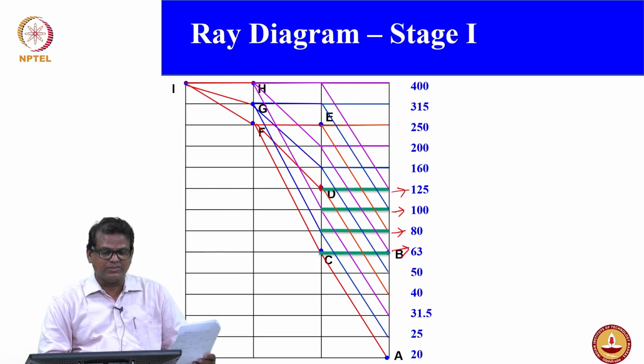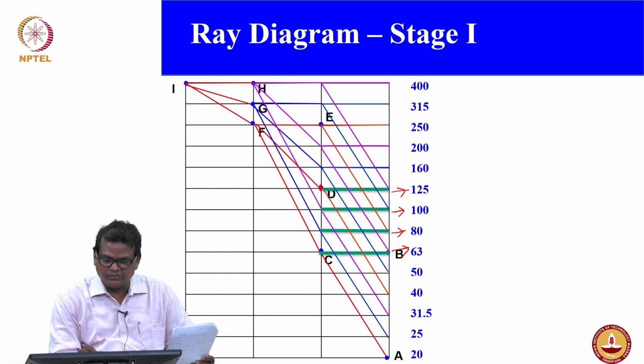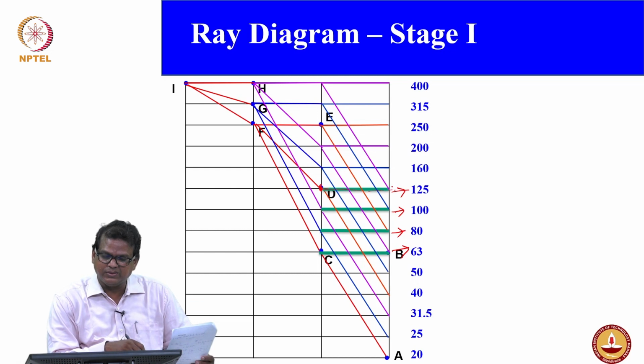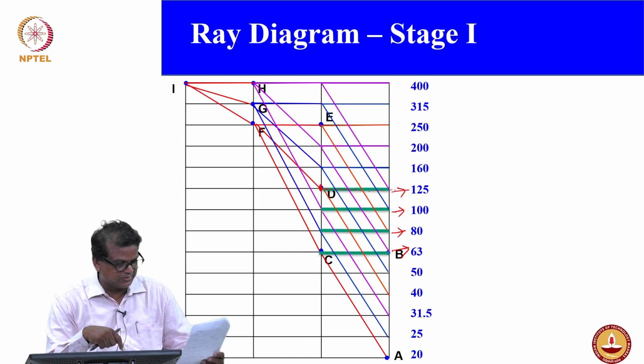There are 2 different routes, isn't it? Look at this. This is one route, from here. Otherwise, what is the other possible route? From here. So you can see 2 different sets of routes.